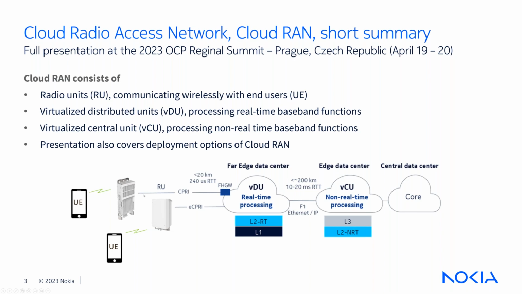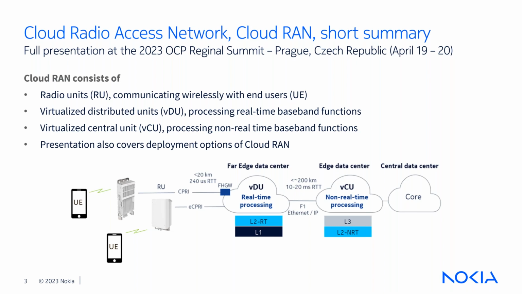Then there will be those virtualized distributed units. What is the key content of this presentation? There is processing of hard real-time baseband functions, and then virtualized central units, VCUs, which process non-real-time baseband functions.